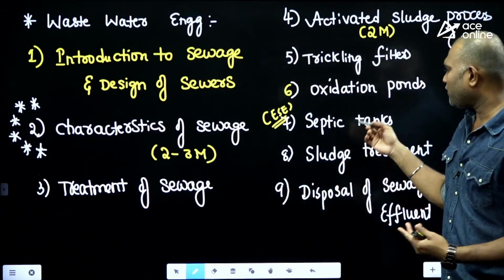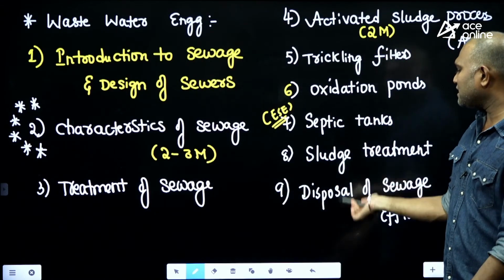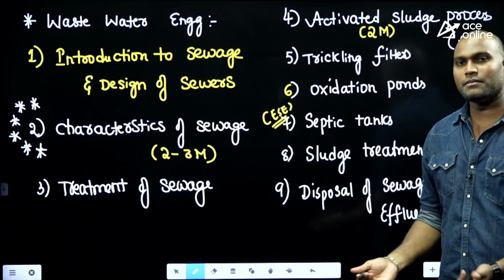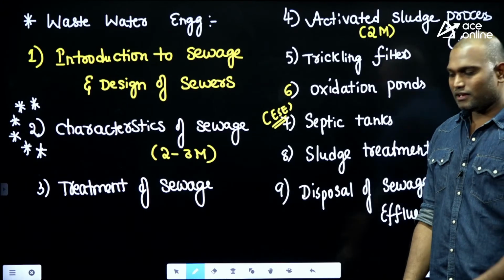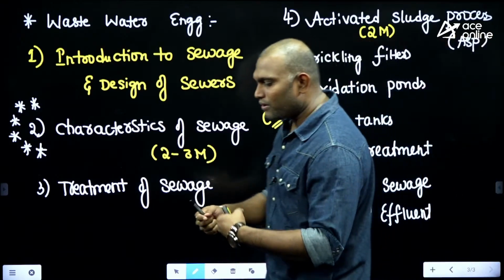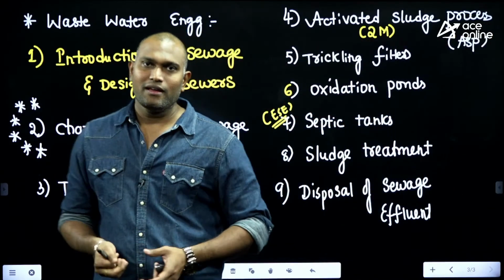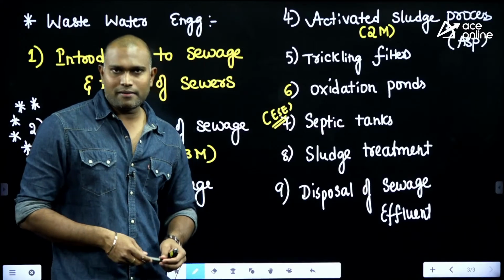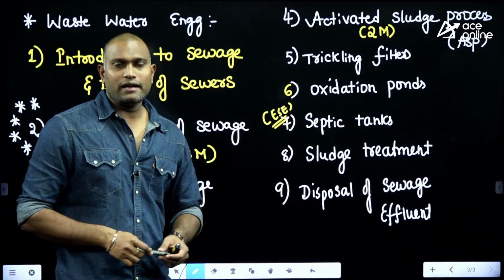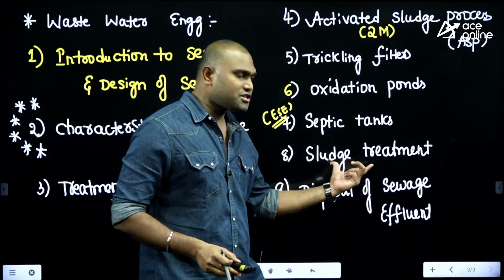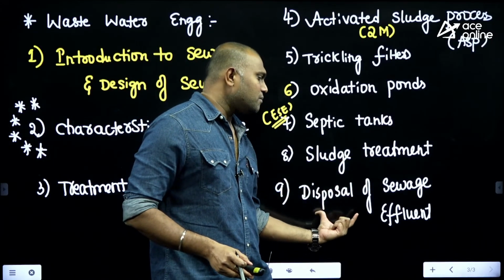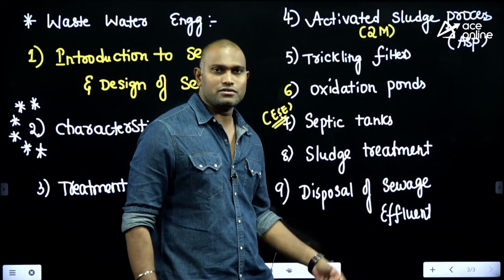So forget about the septic tanks and the sludge treatment. The only time they have asked a 2 marks question is in GATE 2023. In GATE 2023, they have deviated a little bit. In the recent GATE examination, in GATE 2023, we got a 2 marks question from sludge treatment. We got a 2 marks question from the disposal of the sewage effluent also.